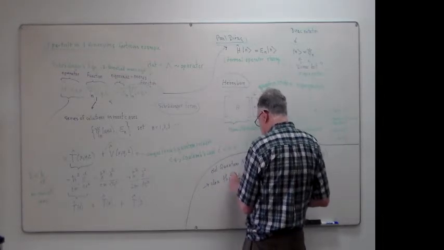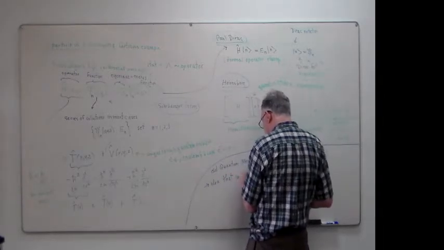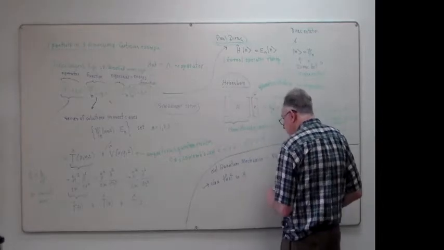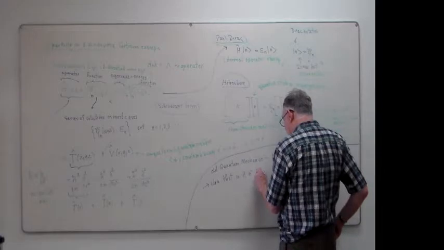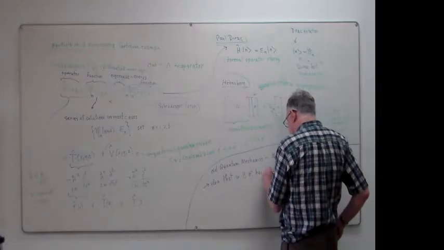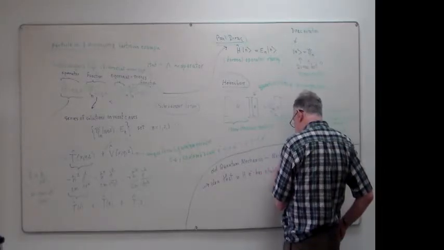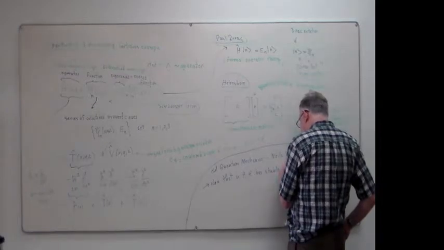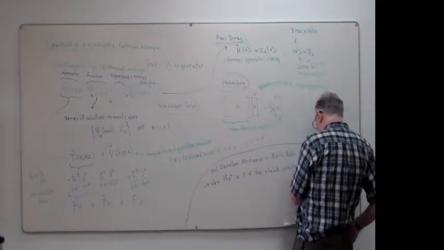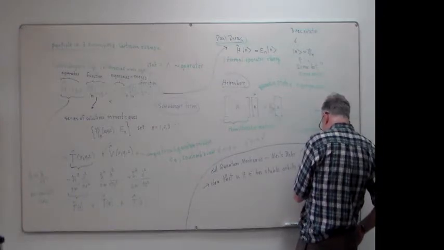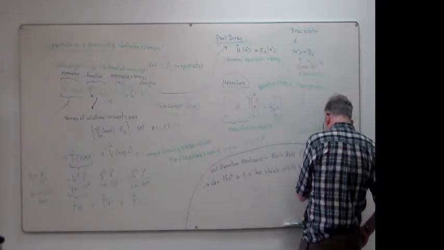And the idea that in atomic hydrogen, the electron has stable orbits, or what are called stationary states.